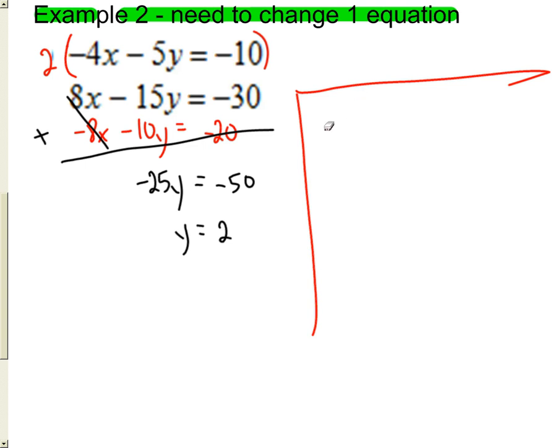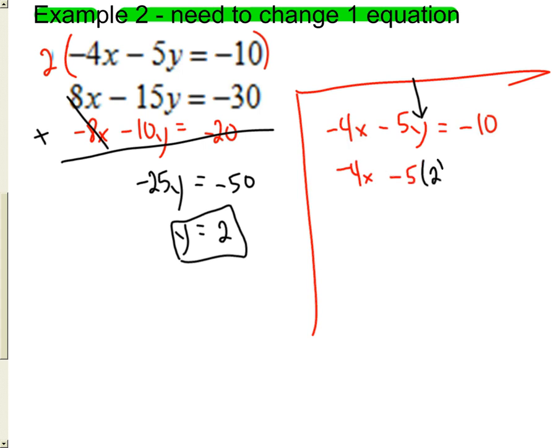I'm going to choose this one. Negative 4x minus 5y equals negative 10. I know that y is equal to 2, so that means this y right here is 2. So negative 4x minus 5 times 2 equals negative 10. Go to solve.